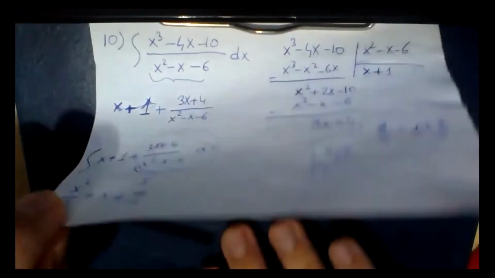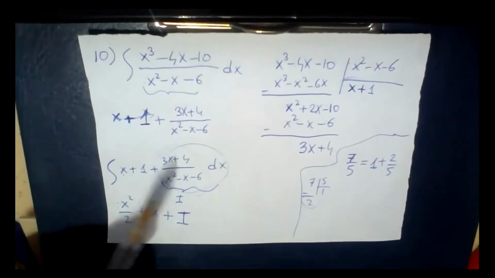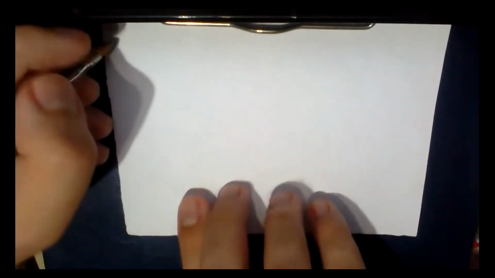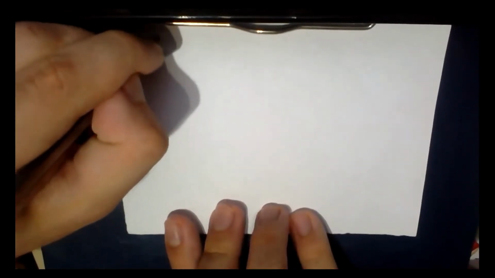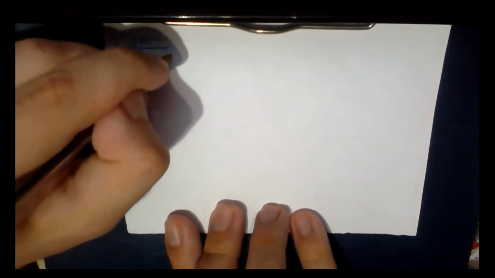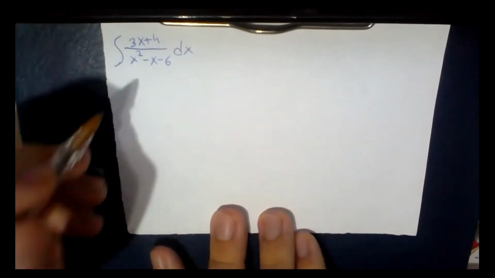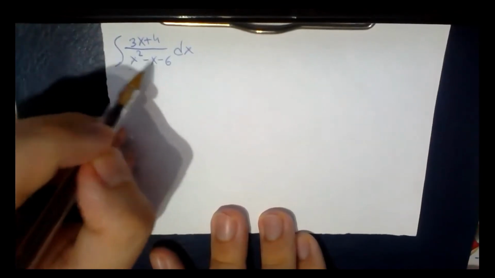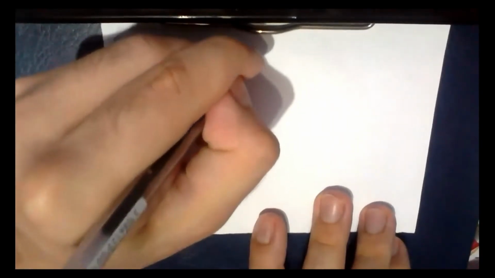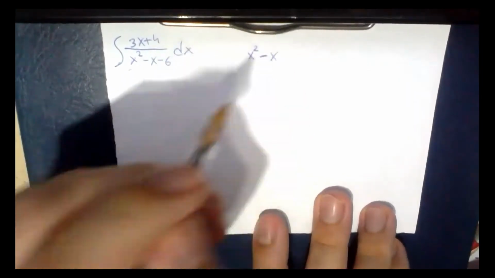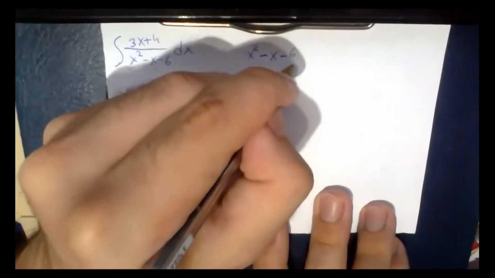Now to solve this integral, as in the previous question, integral of (3x plus 4) over (x squared minus x minus 6) dx, we need to make a partial fraction decomposition. As a first step, we should factorize this one. X squared minus x minus 6 can be factorized.